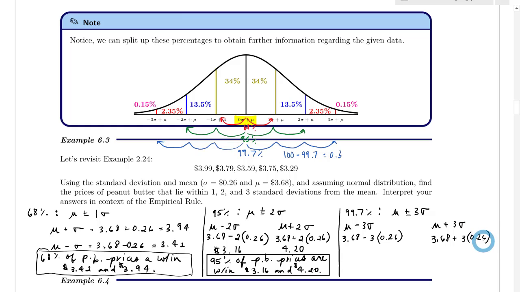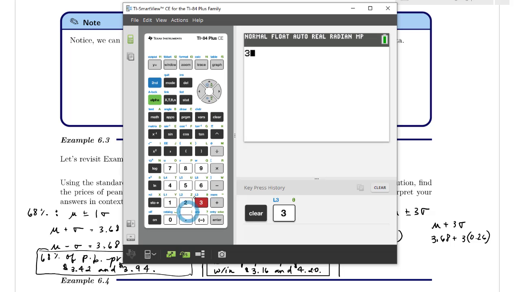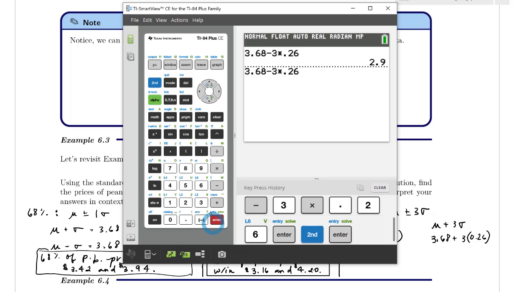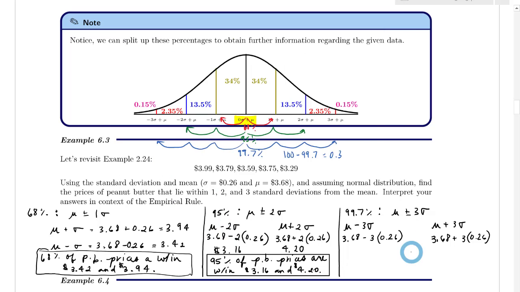And just so you can see it in the calculator, I'll do it. You can just put 3.68 exactly how it's on your paper. So minus 3 times 0.26. And then I'll hit second, enter, and then edit that minus sign to be plus and hit enter. So 2.90 and 4.46.